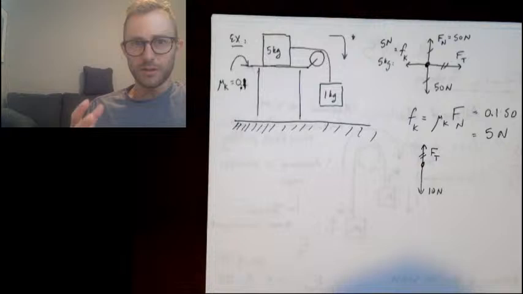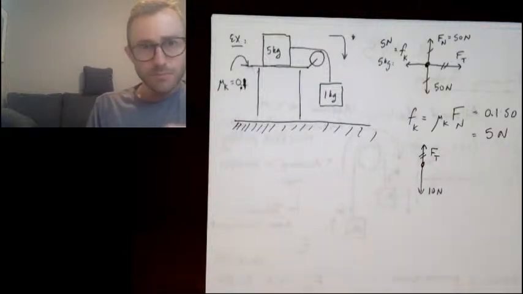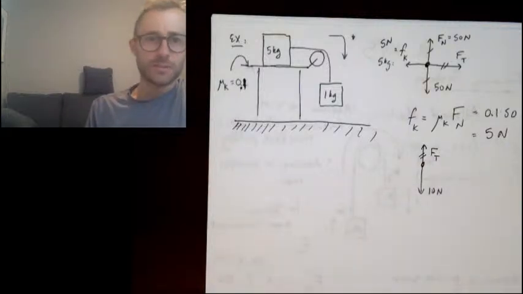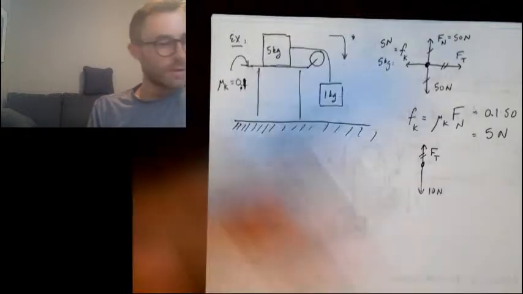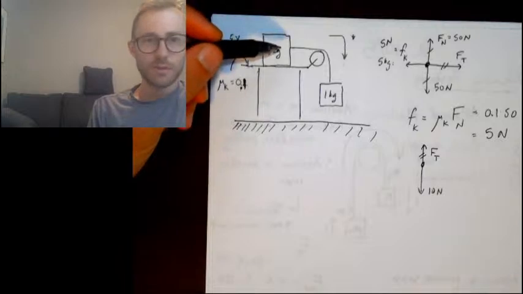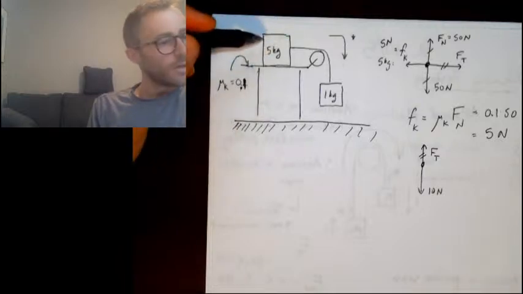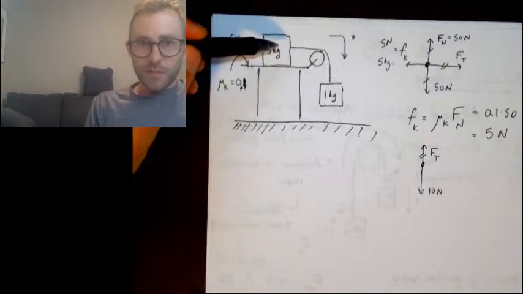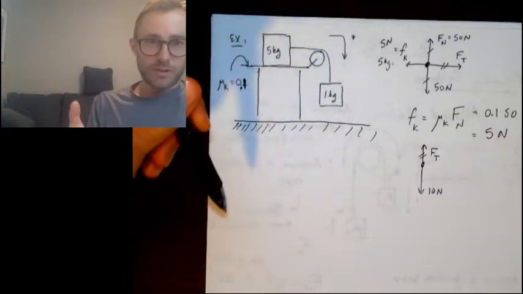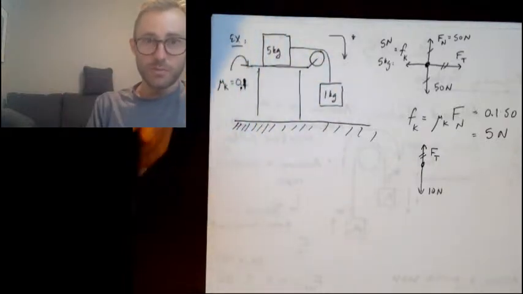So the way that you want to solve these interacting system problems is you want to just have the positive direction be the direction in which that mass is going to move.